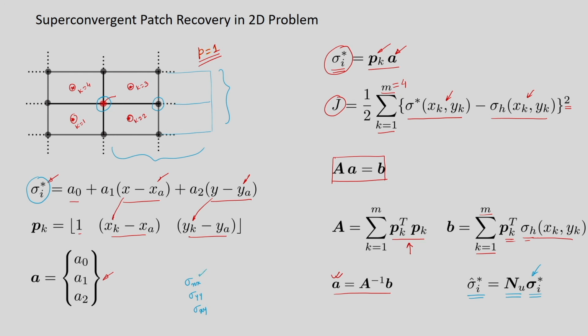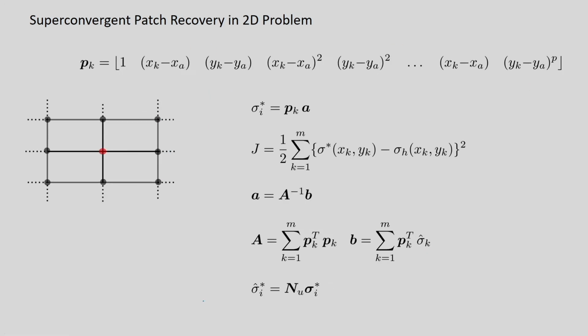So, for each of the stress components you have to repeat the whole process and obtain the corresponding recovered stress field. So, here sigma denotes a particular stress component. Individually we have to recover the stresses for each of the stress components. So, we can extend this idea for any degree polynomial.